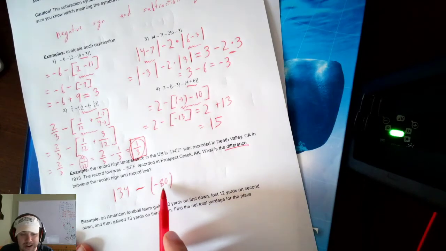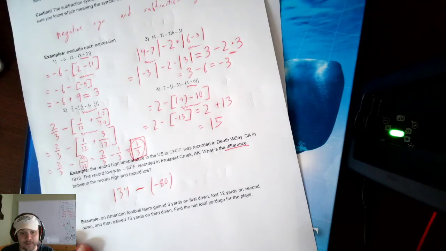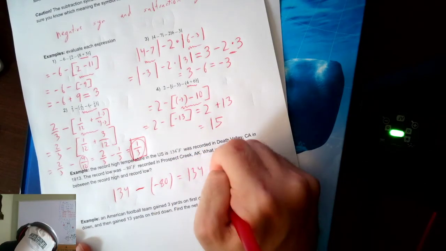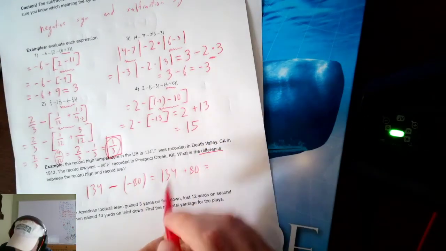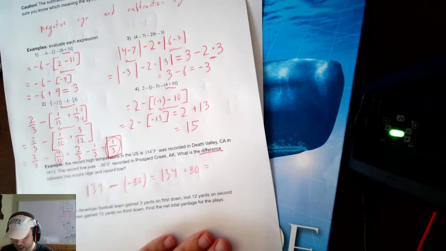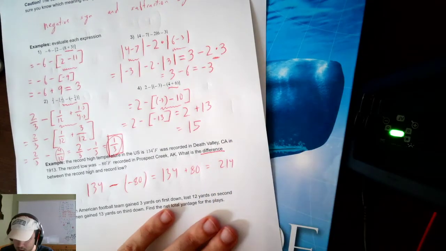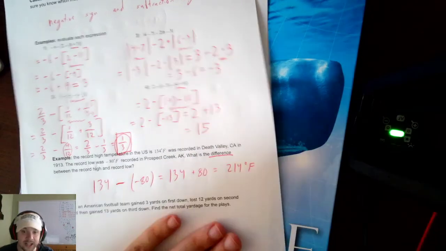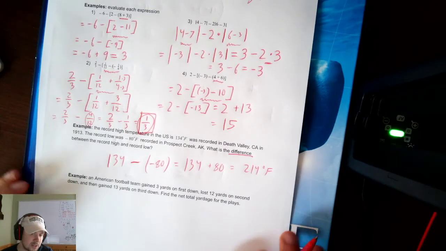Careful, the record low itself was negative, so I'm subtracting a negative, which if we remember, the double negative rule tells us can become a plus, which will give me 134 plus 80 is 214 degrees Fahrenheit. Don't forget your units. How did I know it was degrees Fahrenheit? Well, because the question told me that's what the temperatures are measured in.